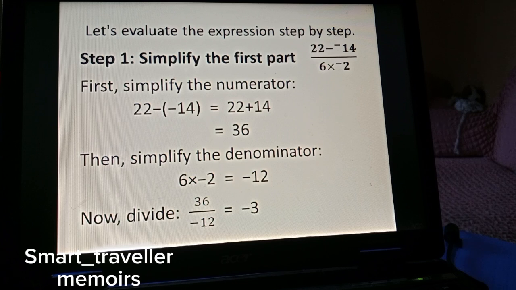Then simplify the denominator. 6 times negative 2 equals negative 12, because you are multiplying two numbers with different signs. All right. Now divide 36 by negative 12, and you get your answer as negative 3. So here you are dividing two numbers with different signs, and the answer is negative.